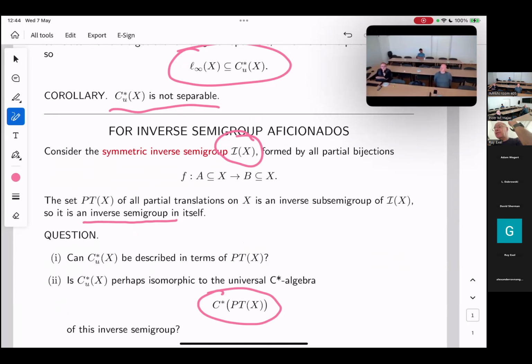That's an important example in Paterson's book. So is the uniform Roe algebra isomorphic to the universal C-star algebra of this inverse semigroup? Would anybody like to take a guess in that direction?